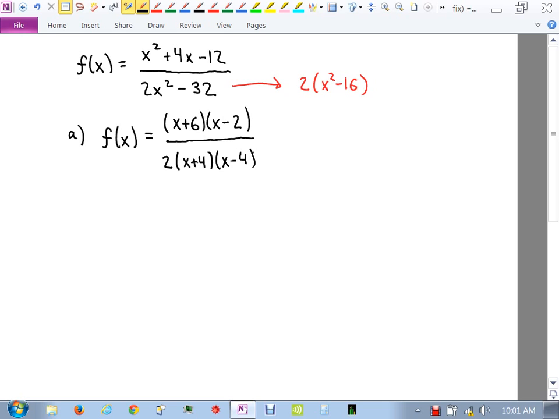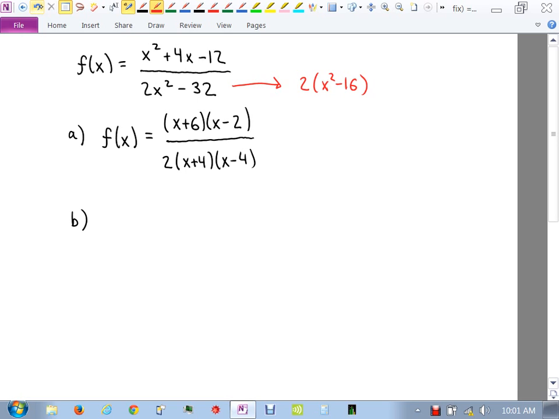Okay, part B, cancel any common factors. So what they mean by this is like if I had an x minus 2 on the top and the bottom, I could cancel them here. I don't have that, so I'm not going to do it. But that's what step B would be. And then we would have a hole in the graph. I usually don't do that.